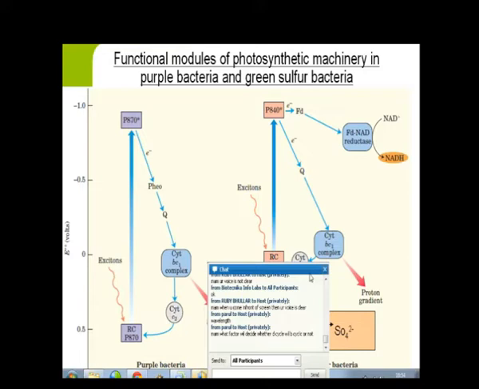What happens in cyclic? You know what happens in cyclic? The electrons come back from the photosystem which has started. P700, next is ferredoxin, then it goes to cytochrome B6, cytochrome F, plastocyanin, and comes back to P700.